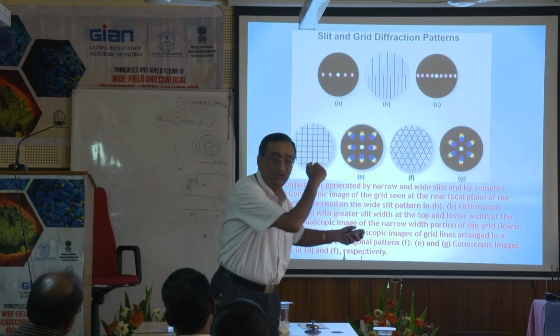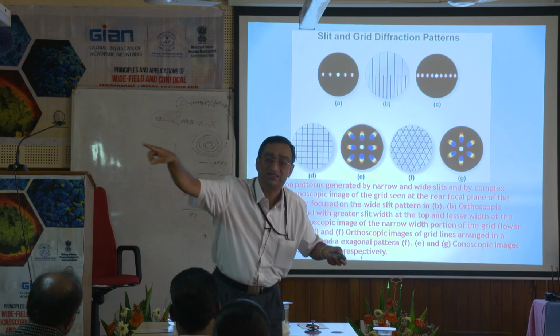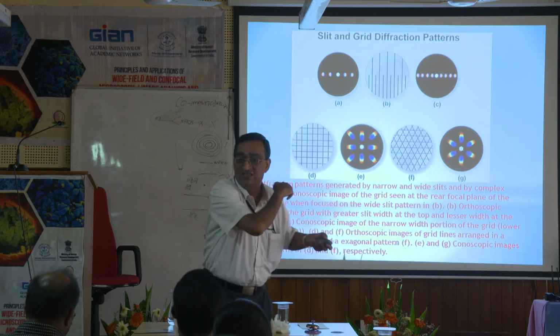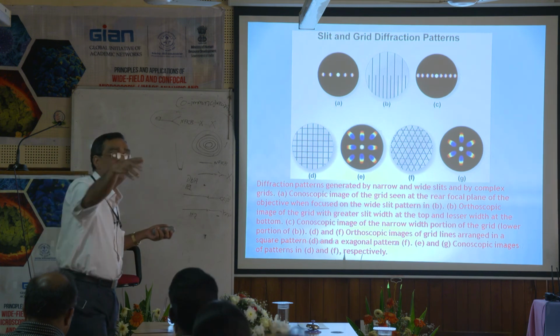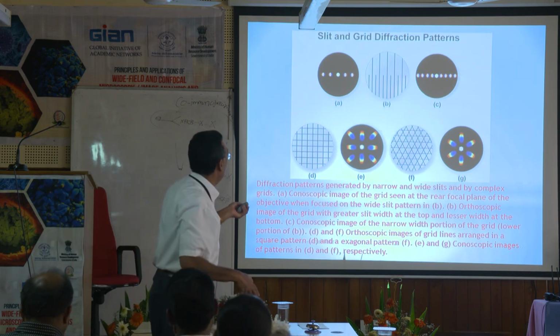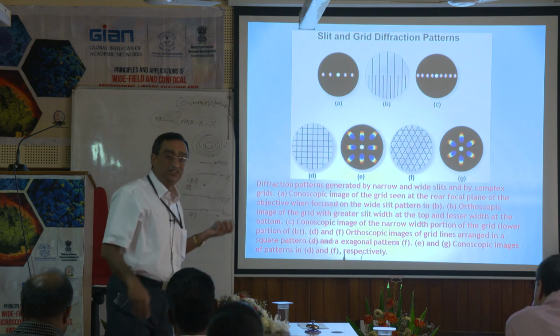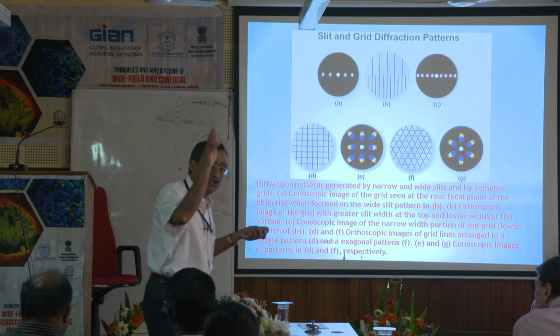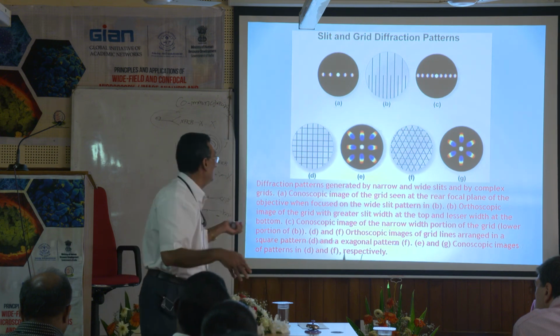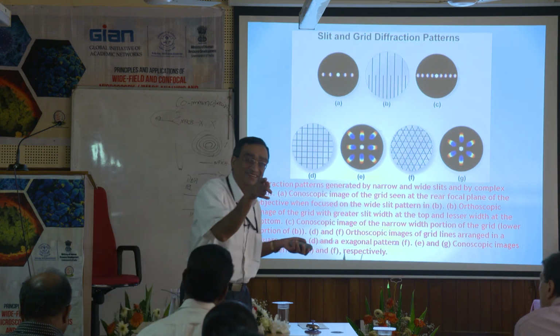Interatomic spacing I am using because the wavelength of the radiation used is comparable to this spacing. Whereas here, is it comparable? No. Atoms' interatomic spacing is not comparable with your wavelength. That is why I put a diffraction grating.